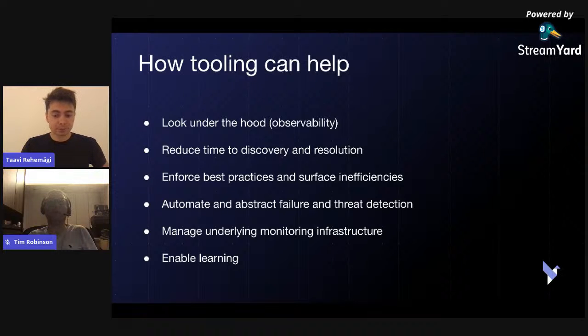And I think the last thing is to enable learning by making it really understandable and clear what the system has done historically, how it has performed, and how changes have affected the system's ability to perform over time. So this is how we think about it.